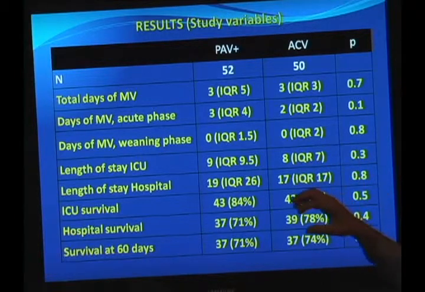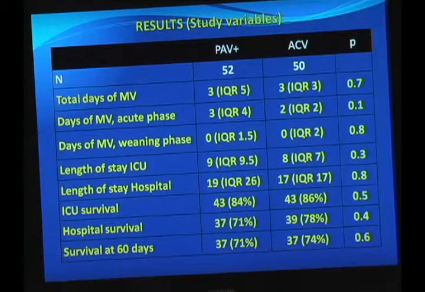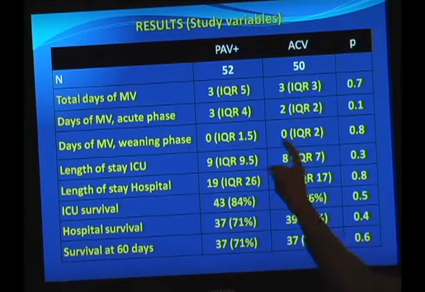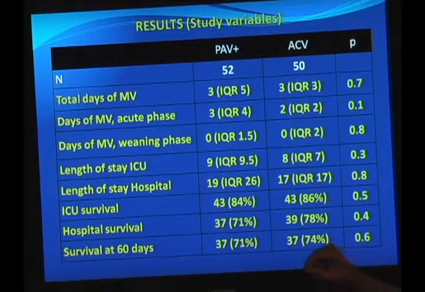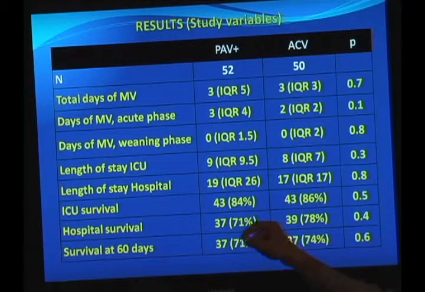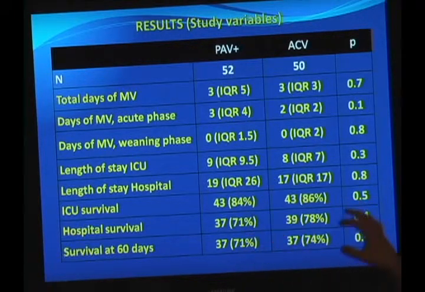If we separate the days in mechanical ventilation between the acute phase and the weaning phase, you can see that there are no differences, nor differences in length of stay in the ICU nor in the hospital. And also the ICU and hospital survival were exactly the same. So up to this point, we were unable to confirm our hypothesis.